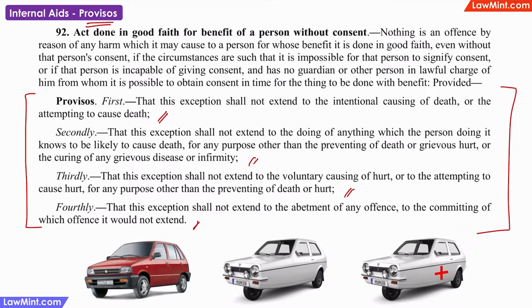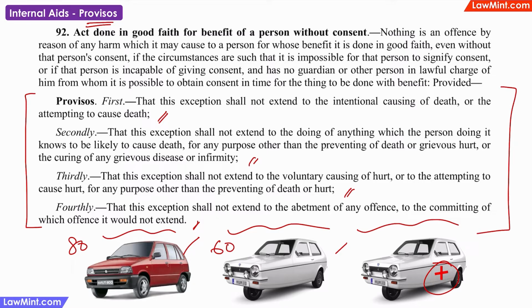Using our car speed limit example, the section may say that the speed limit for cars is 80 km per hour. The exception may say that if the car only has 3 wheels, then the speed limit is 60 km per hour. And the proviso may say that this exception will not apply if the car is being used as an ambulance, which means that the proviso is carving out a specific condition when the section or the exception will not apply or will apply in a different way.